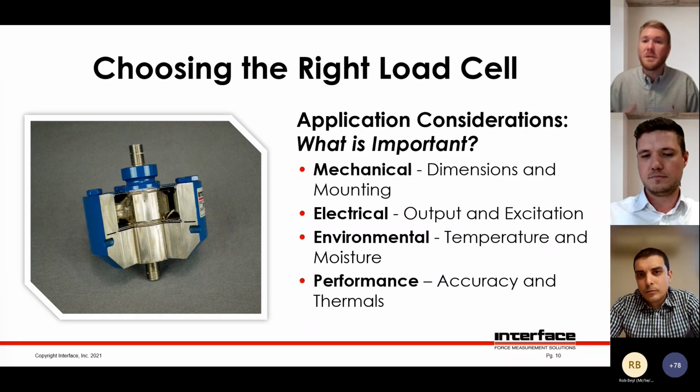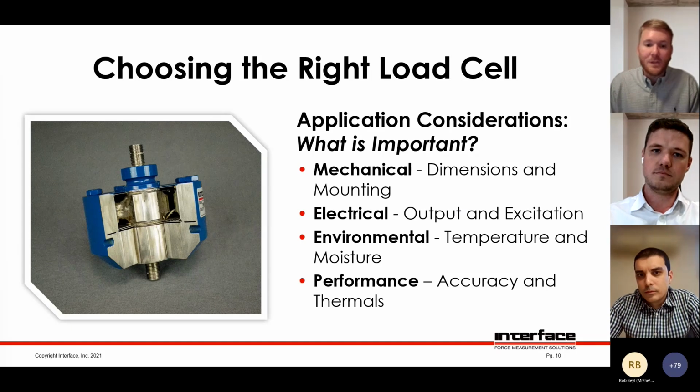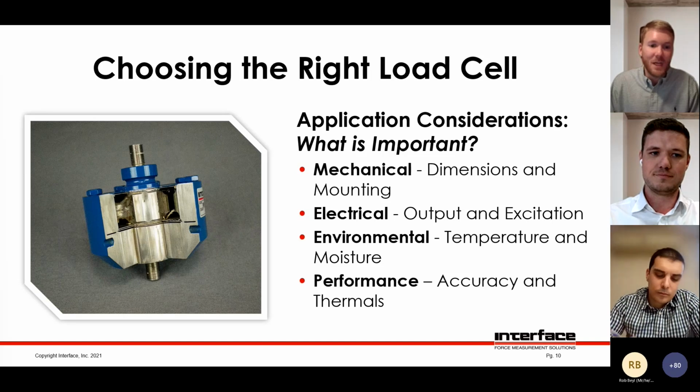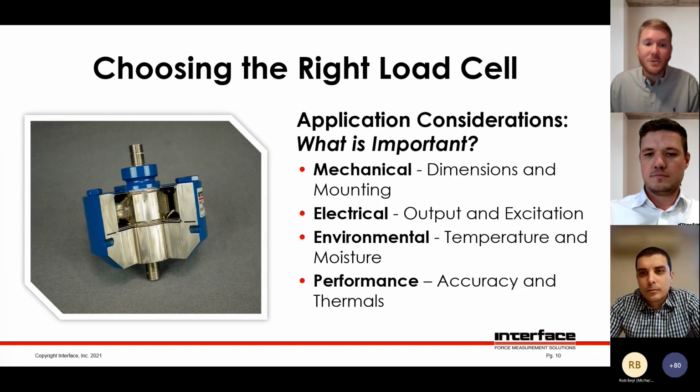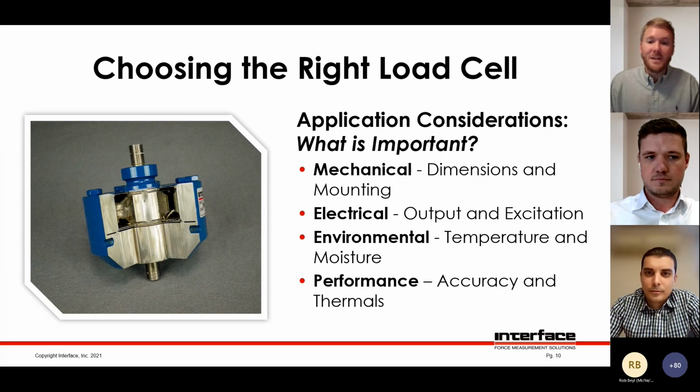A lot of times, bits and pieces of the application come in, and by the time we're ready to produce something, another piece of information will come in at the last moment sometimes, whether it be how it's being mounted or where it's actually going to be used or the number of cycles. And then it's kind of back to the drawing board, which could hurt delivering on time. But all of these considerations are very important when selecting the best load cell.